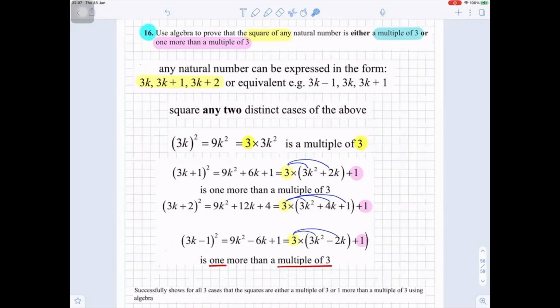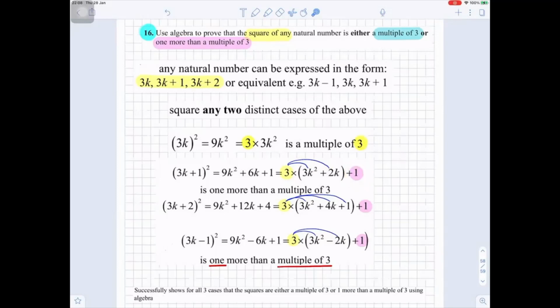This is because 3 times 3k squared is 9k squared, and 3 times 2k is 6k. So this is a multiple of 3 plus 1, which is 1 more than a multiple of 3.